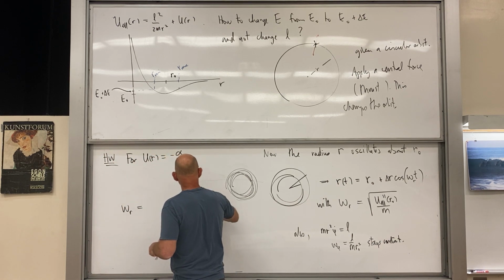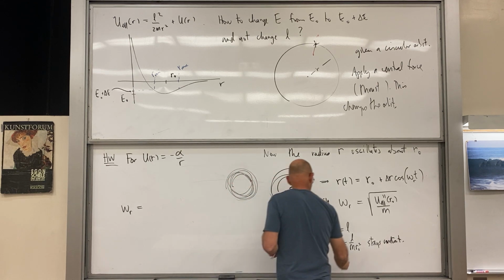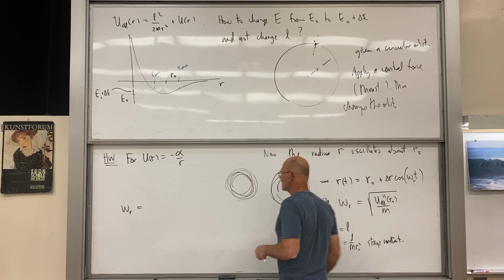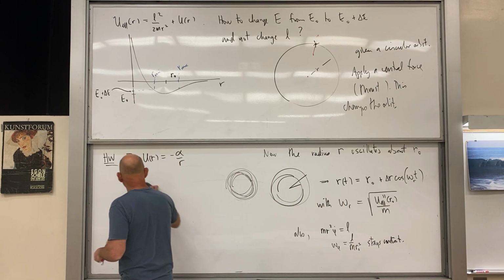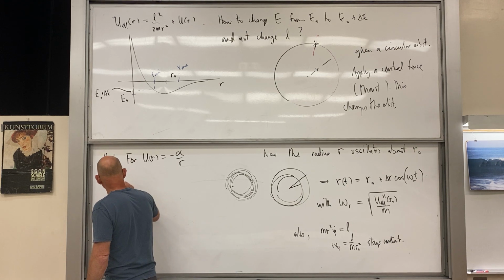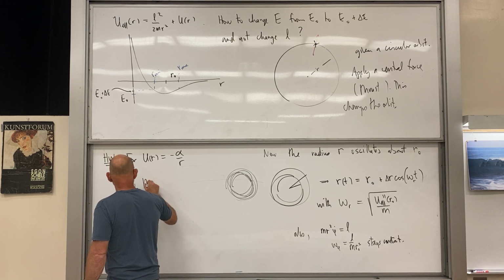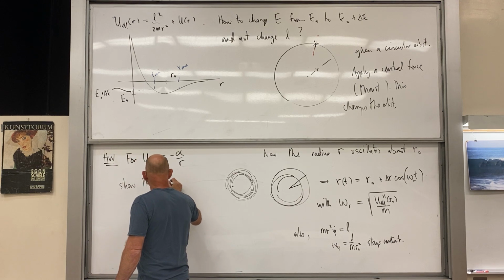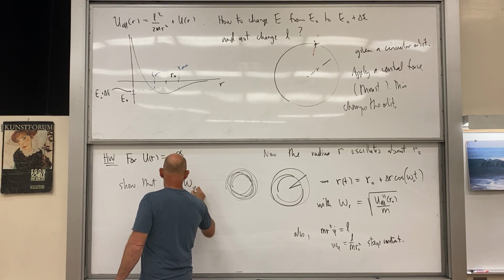I already have the definition up here. In fact, I have both, omega sub r and omega sub phi, so just show that omega r equals omega phi.